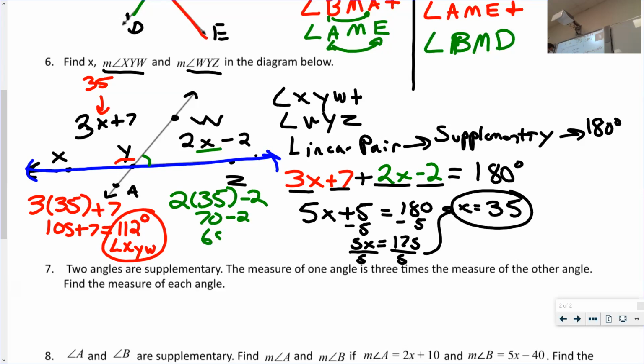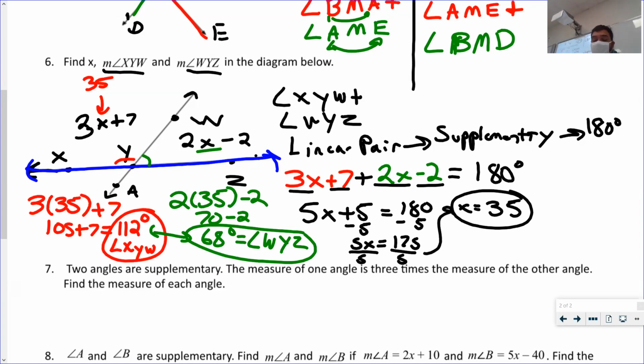This is 68 degrees, which is angle WYC. And if you're not sure, you could check your work. 112 plus 68 does add up to 180.